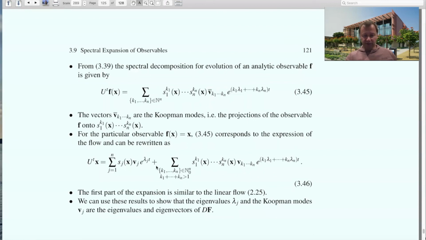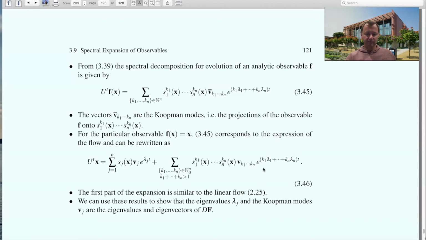That resembles quite a bit the linear expansion that we had. The linear expansion, on the other hand, had only n terms. The nonlinear one contains an infinity of terms, but those are put together by products of Koopman eigenfunctions and these integer combinations of Koopman eigenvalues that I call a lattice of eigenvalues over here.